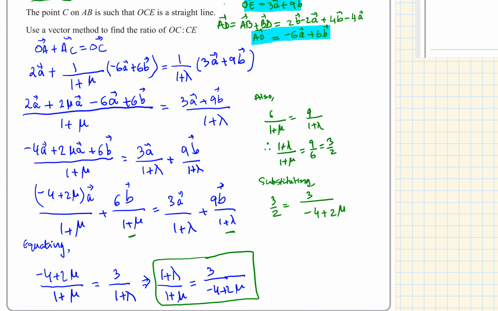So the 3's get cancelled out. So minus 4 plus 2 mu is equal to 2. 2 mu is equal to 6. Mu is 3. So if mu is 3, does that give me what I'm looking for?